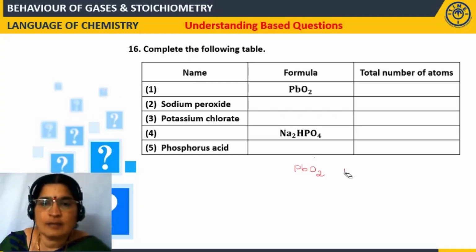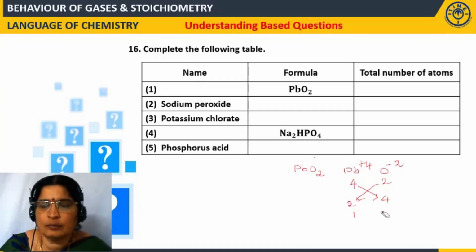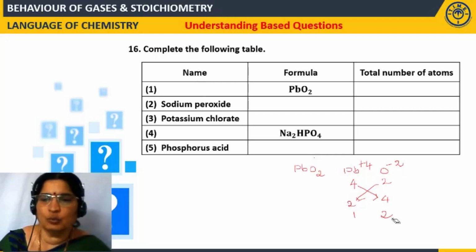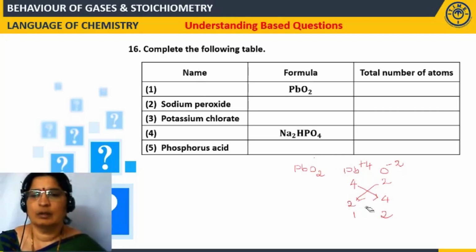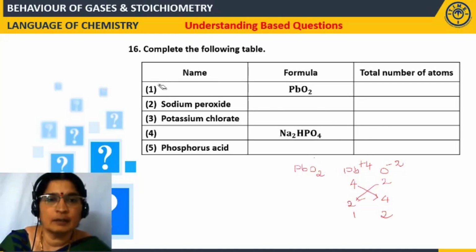So it has Pb plus 4 ion and then O minus 2. So if we write the formula, we can just check like this. 2 and 4. So they can be made 1 and 2 by dividing by 2. So therefore you get PbO2. So what is the name? Pb plus 4 is plumbic.